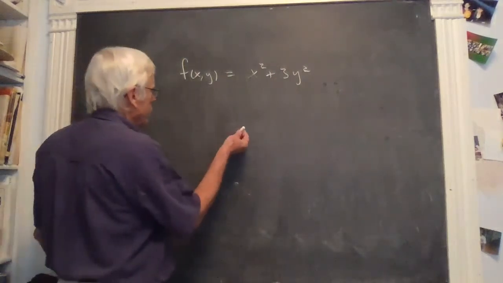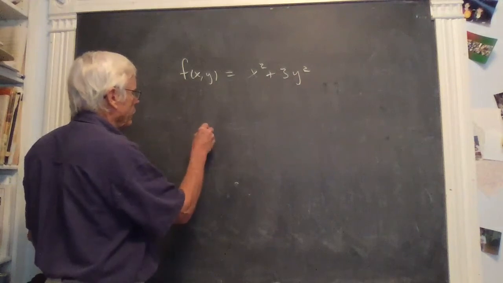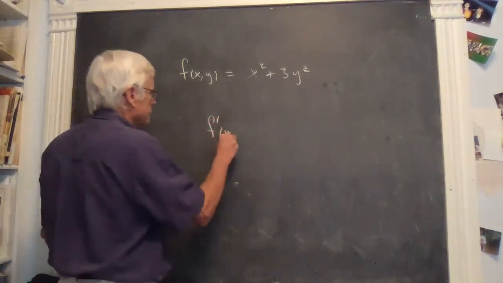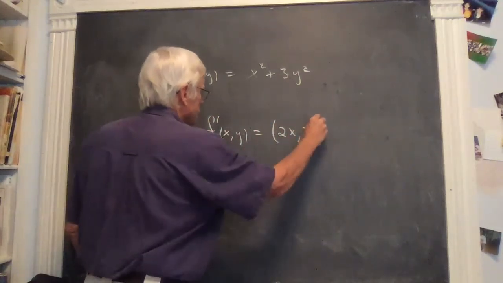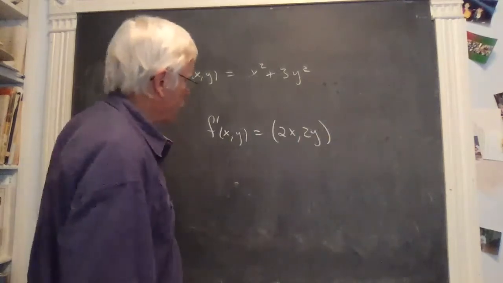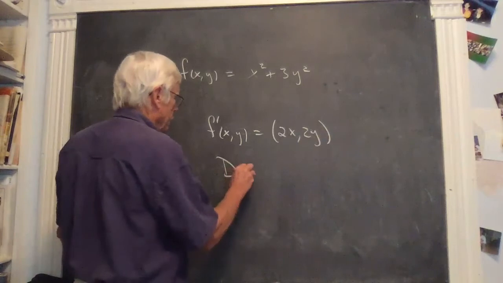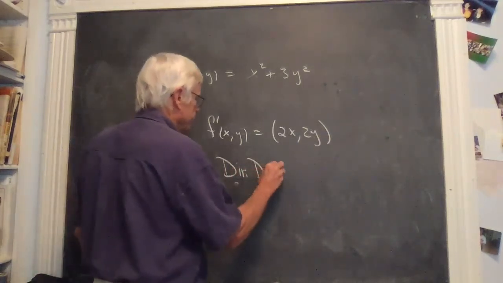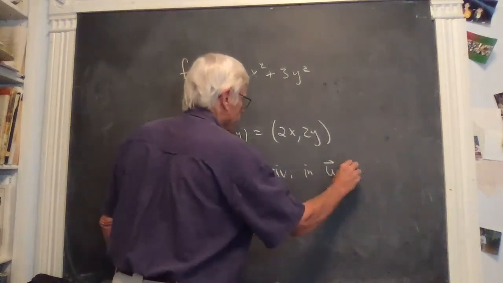If we look at the derivative at any given point, and we take the dot product with any unit vector, this is a directional derivative, say in the u direction.